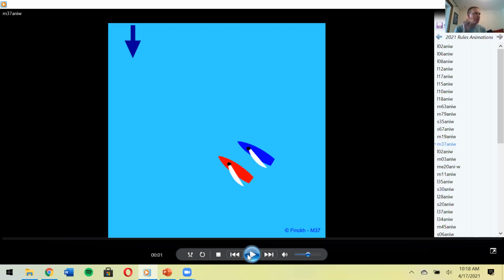Blue doesn't have to start turning, keeping clear, until red alters her course. So once red starts going up, pushing blue up, that's when blue has to get out of the way. And blue needs enough time and opportunity to keep clear.